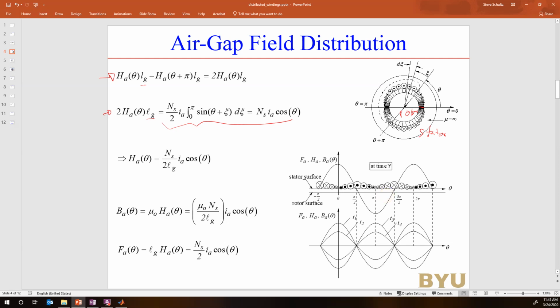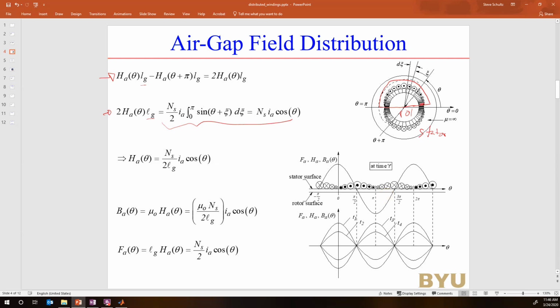If I have a loop that goes through the metal and then across like this, I'm going to have zero magnetic field all the way around the metal and all the way across the rotor.